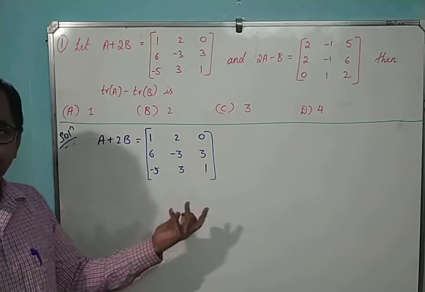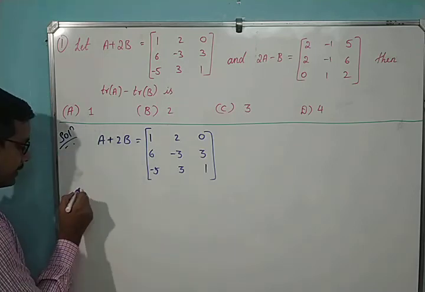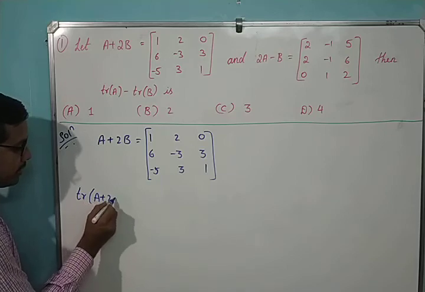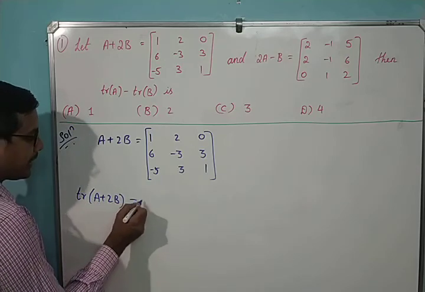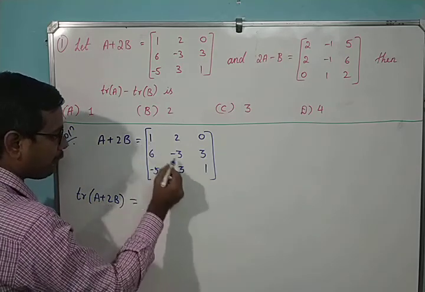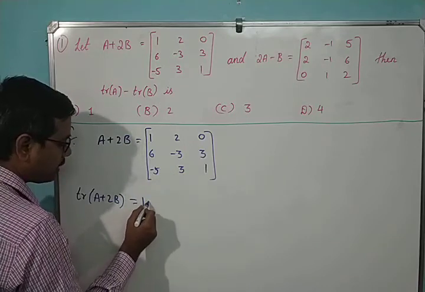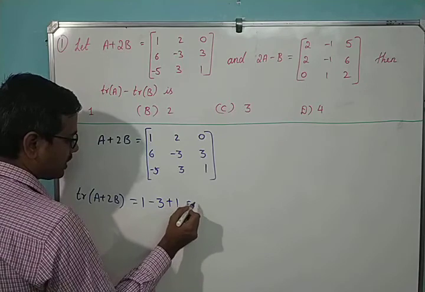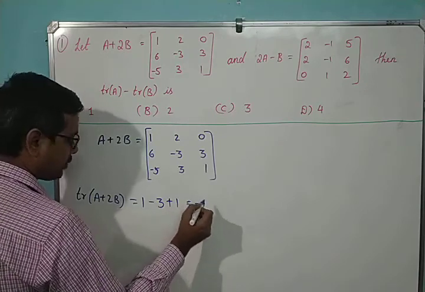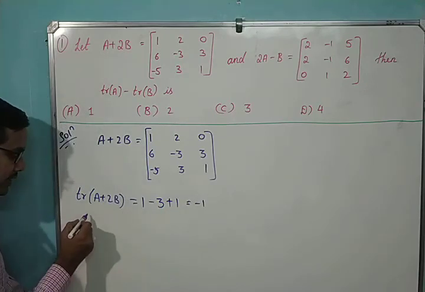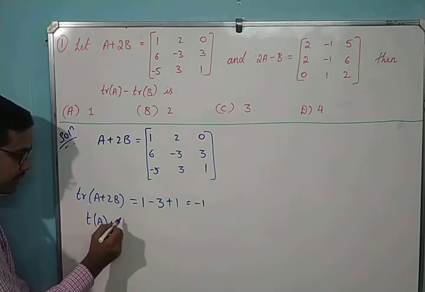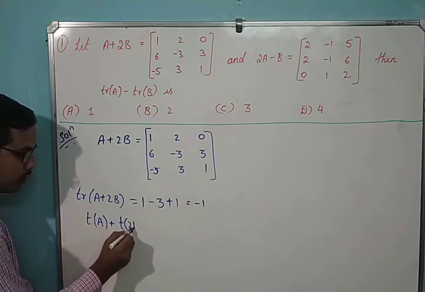So I can find the trace of this whole thing, that is trace of A plus 2B. Trace of A plus 2B is the sum of all principal diagonal elements: 1 minus 3 plus 1. So this is 2 minus 3, that is minus 1. So trace of A plus trace of 2B.